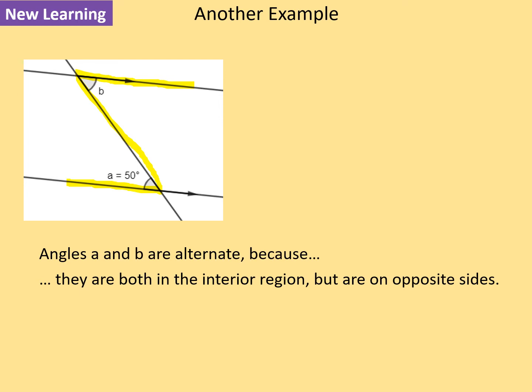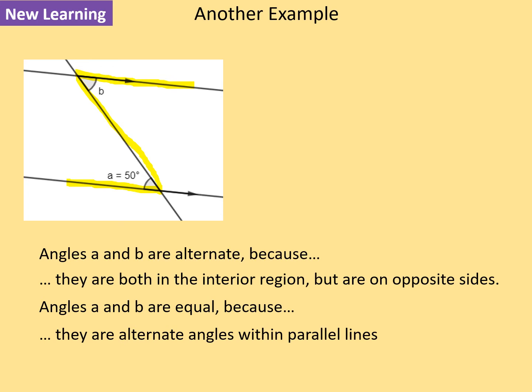Now, we can also say that angles A and B are equal because they are alternate angles within parallel lines. So therefore we can say that B is equal to 50.